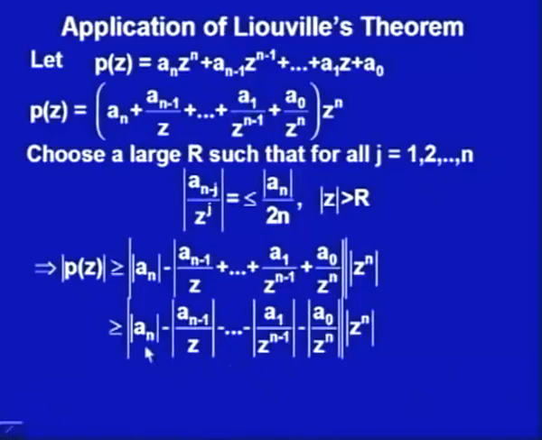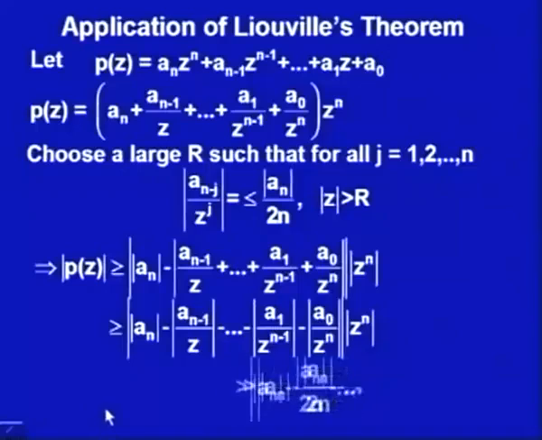Now, since we had assumed that for |z| greater than r, |a_{n-j}/z^j| is bounded by |a_n|/2n, if I take the minus sign, this would be greater than or equal to minus |a_n|/2n. So, now let us substitute this.